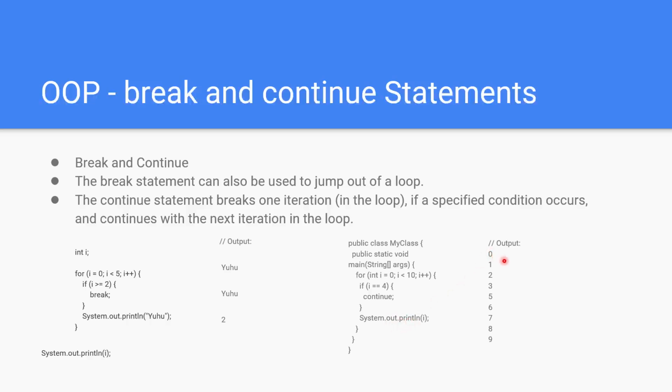If we take a look at this output, when I was equal to 0, we were able to print because this condition was false. When I was equal to 1, this condition again was false. So we output 1. Same with 2 and 3. But notice here, there's no 4, because when this condition was true, we continued. So we went right back with I being equal to 5, and then we output that. So you could see here for this condition, we just exited that iteration of the loop.